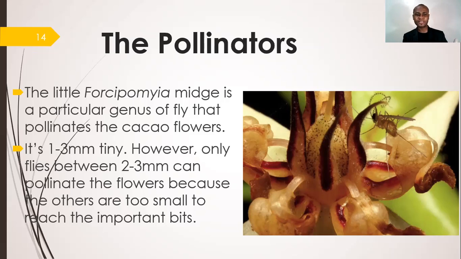However, one thing we need to understand is only flies or insects that are between 2 to 3 millimeters can pollinate flowers because the other insects could be big, okay? They are too large in size. So if the insect size is not between 2 to 3 millimeters, then they cannot pollinate the cacao flowers, okay?